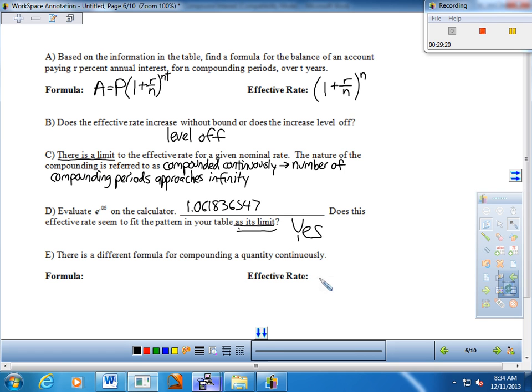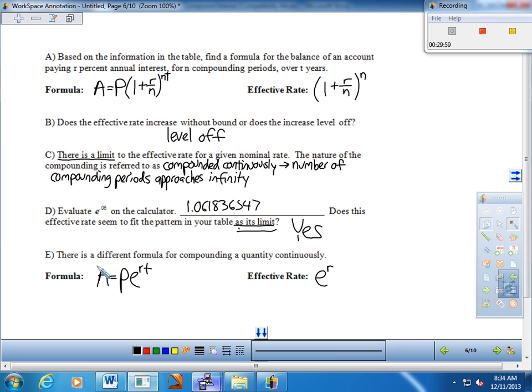That effective rate, which again is the limit of the effective rate for any given nominal rate, is just our e to the r. And then when we start to apply it with putting money in and tracking it over a number of years, it becomes what people commonly refer to as the PERT formula. Okay, so two formulas. This one we would use for anything not compounded continuously. This is compounded continuously.